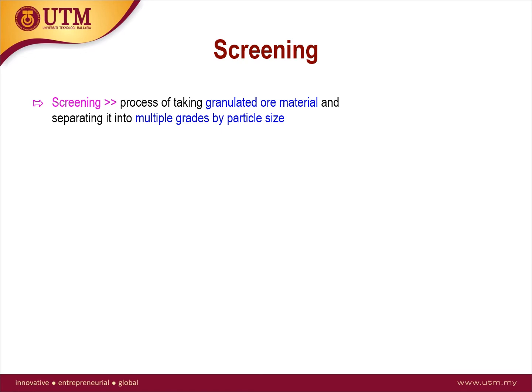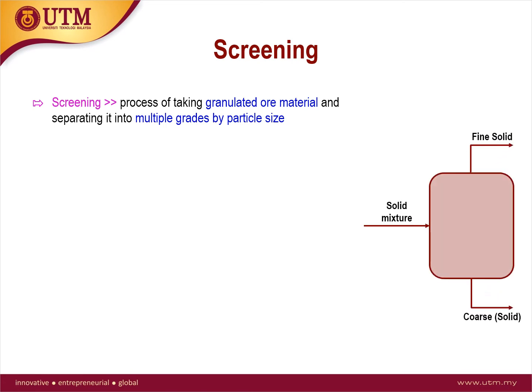Screening is a process of taking granulated ore material and separating it into multiple grades by particle size. The schematic diagram of the screening process is shown here. The solid mixture that contains multiple grades by particle size enters the screening process. After the screening process is done, the fine particles that are able to pass through the screen can be found at the bottom part, while the coarse particles of solid can be found on top of the screening drum.